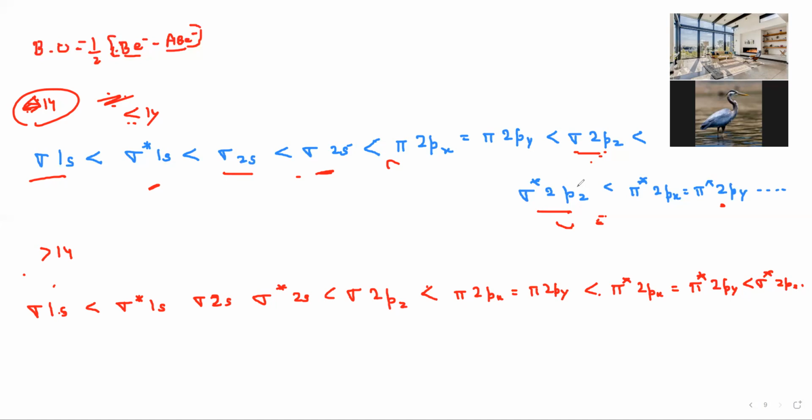This is non-bonding. So it's 10 minus 6. It's 4, no, it's 2. 2 is my final answer.